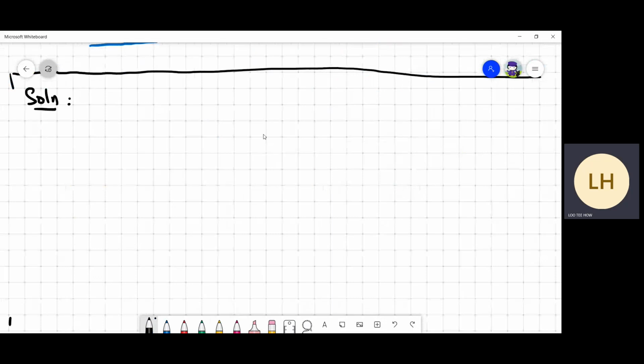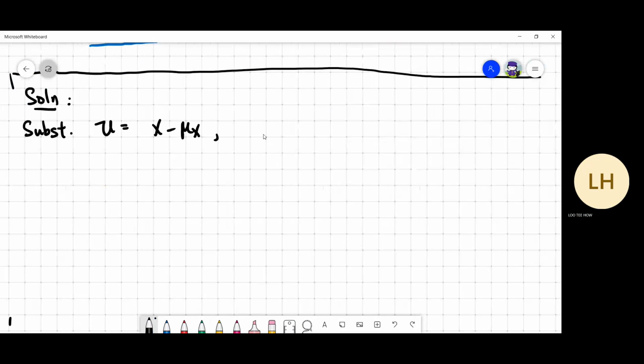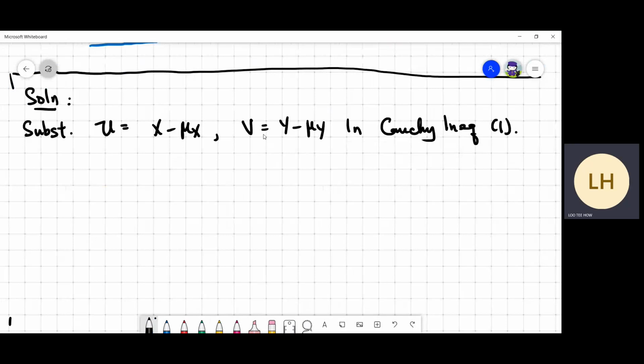So, solutions here. What we can do is substitute u equals x minus mu x and v equals y minus mu y in Cauchy-Schwarz inequality 1.